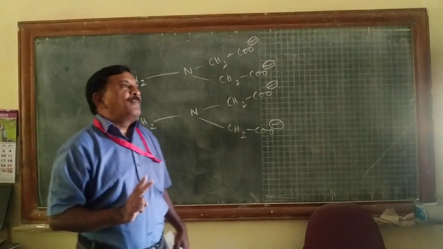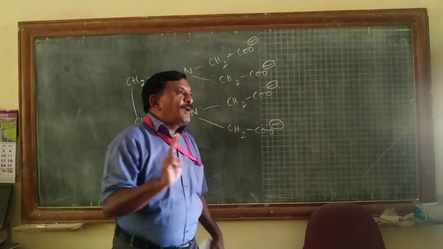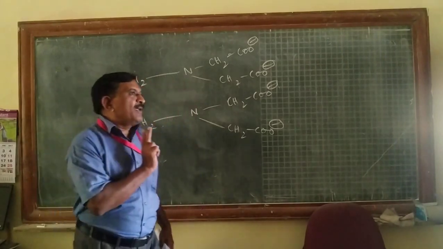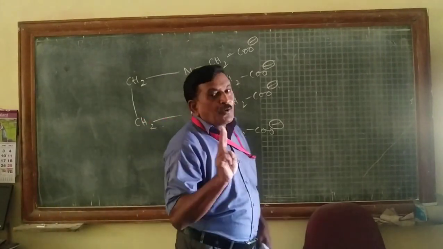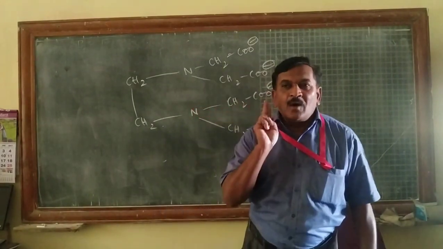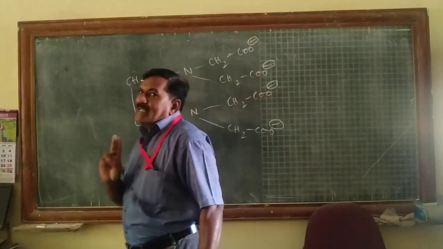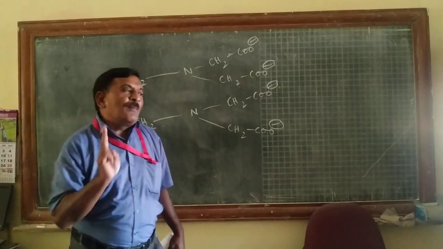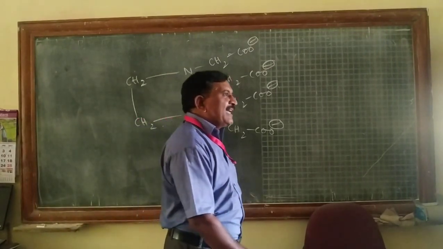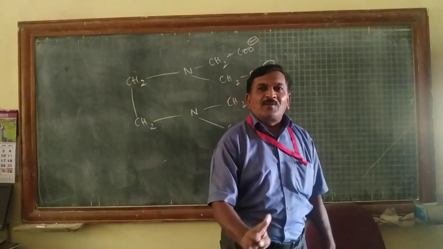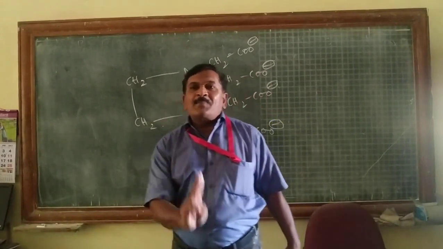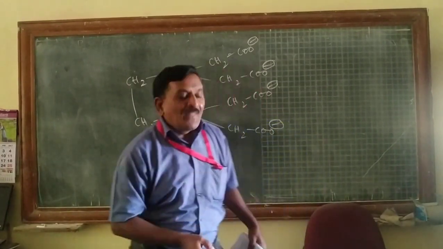In the same way, potassium ferrocyanide and potassium ferricyanide all have these two types of valencies.